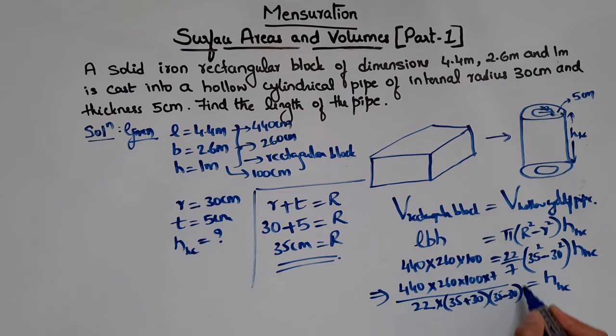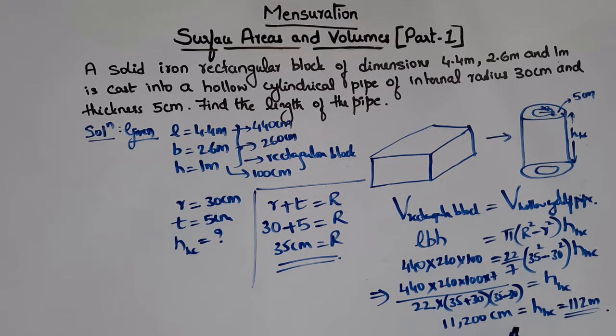So now when you simplify this, this will give you 11,200 centimeter, which is equal to the height of the hollow cylinder. If you want this in meters, this will be 112 meters, that is, divide by 100. I hope this is clear.